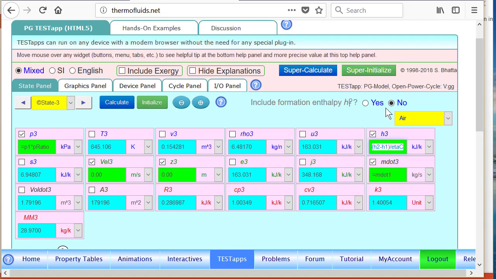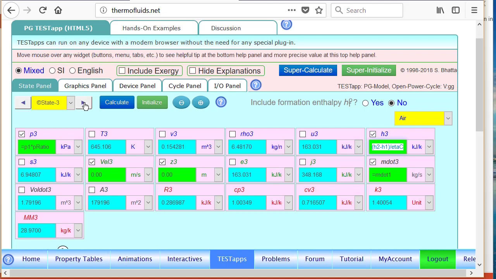If you put the mouse over such an expression, the formula should appear on the second help panel on the top. So you can see that H3 equals H1 plus H2 minus H1 divided by eta C, the efficiency of the compressor that connects our actual exit state with the isentropic exit state.